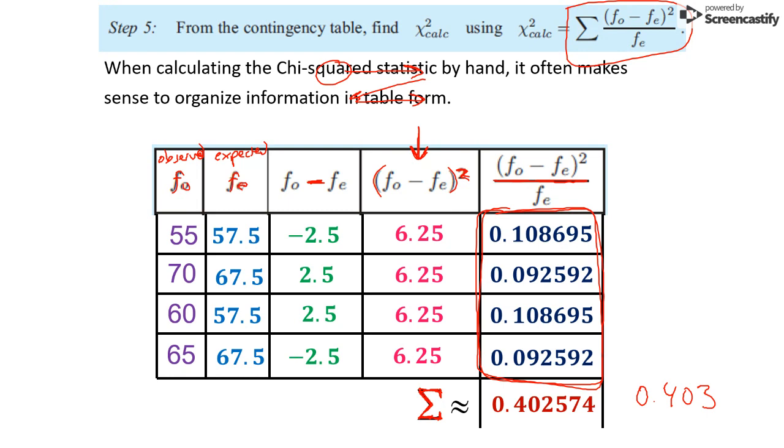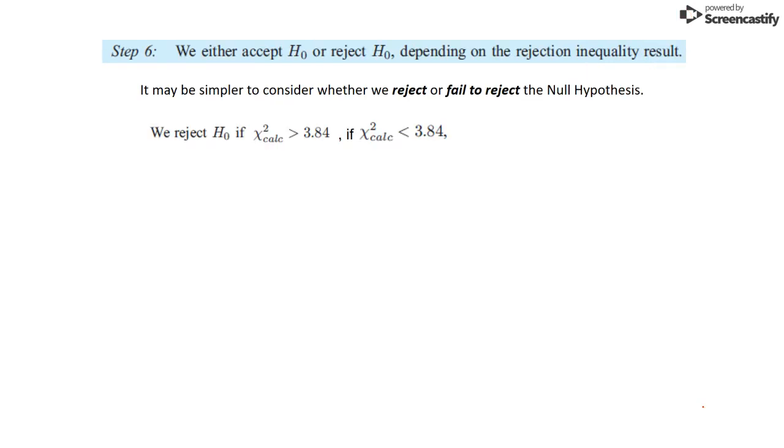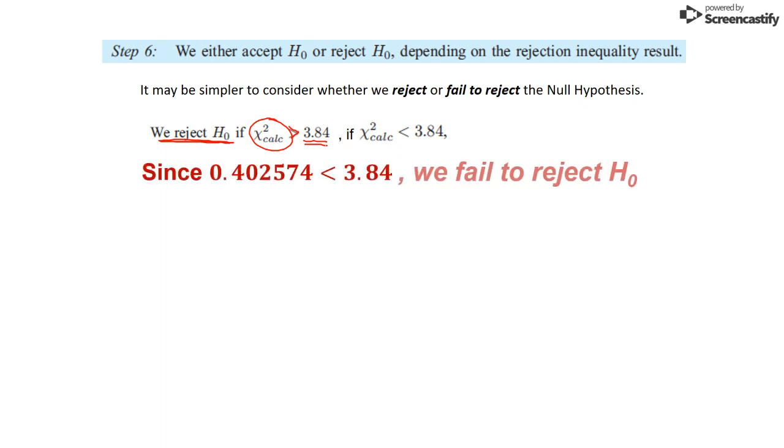So that's our calculation, and that's the number I'm going to compare to what we had found previously as our critical value. So step 6, this is where we can actually make a comparison. We reject the null hypothesis if our calculation is greater than 3.84. Think about that.